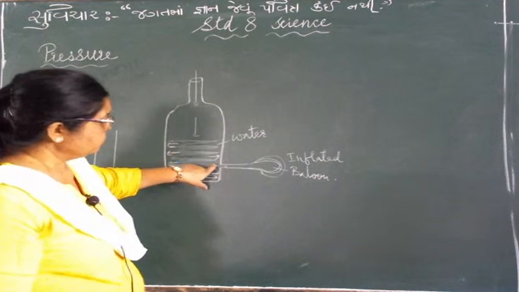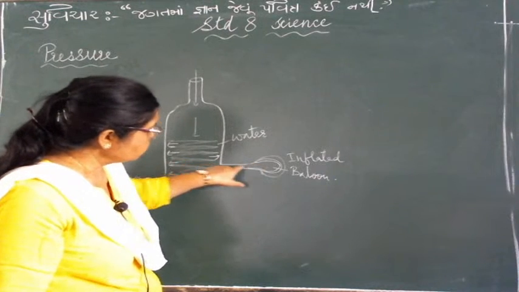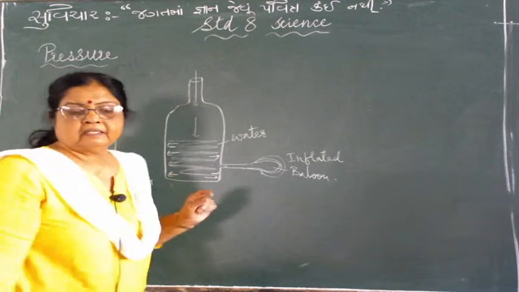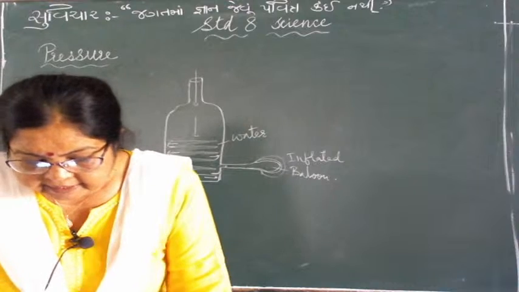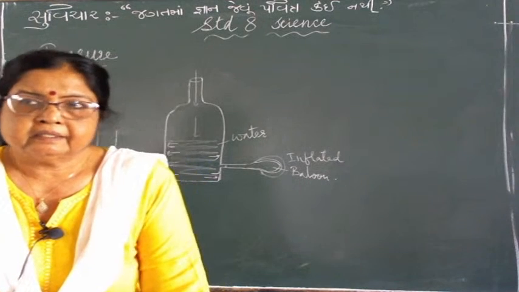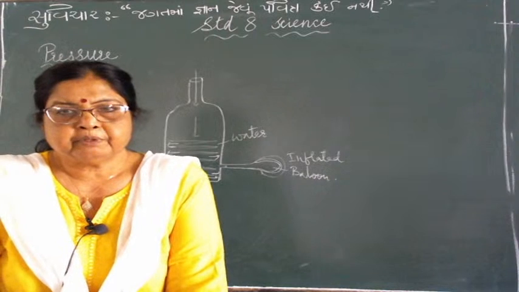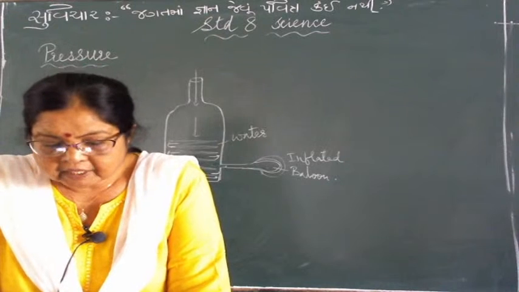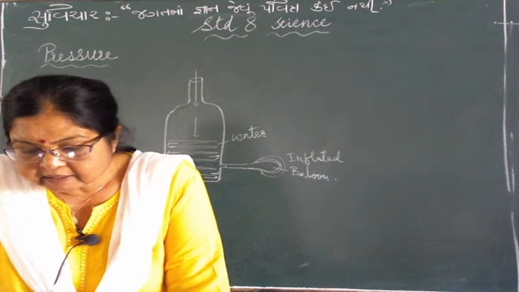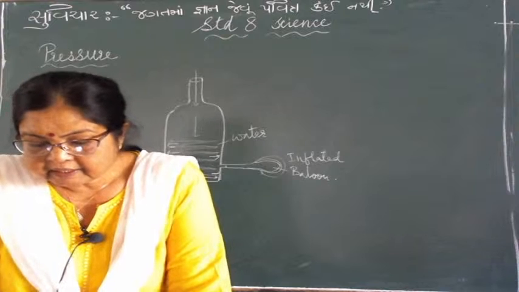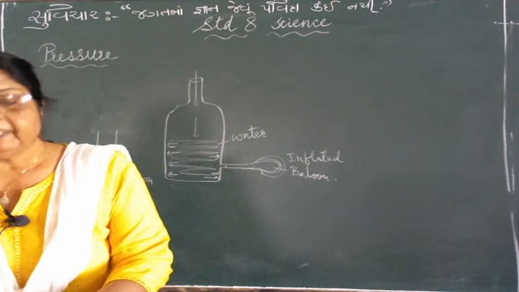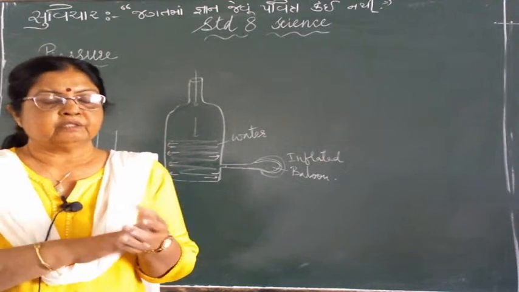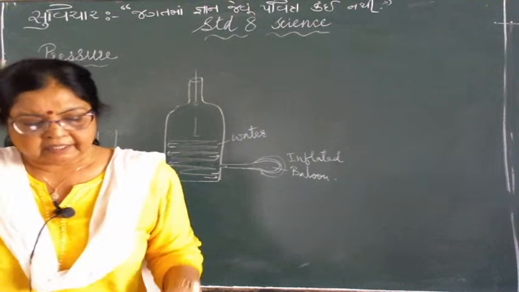So pressure exerts here, and due to that the pressure goes this side and the balloon becomes inflated. So that says that a liquid exerts pressure on the walls of the container. Any container, any shape you take, you fill it with water, any liquid, and you can see that the balloon is inflated because of the pressure on the walls of the container.